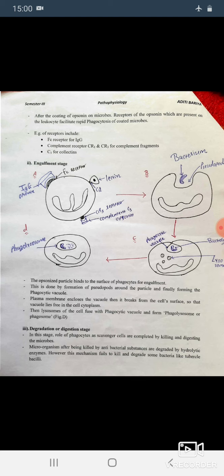Okay. Now the third one, the degradation digestion stage. In this stage, the role of phagocytes or scavenger cells is completed by killing and digesting the microbes.